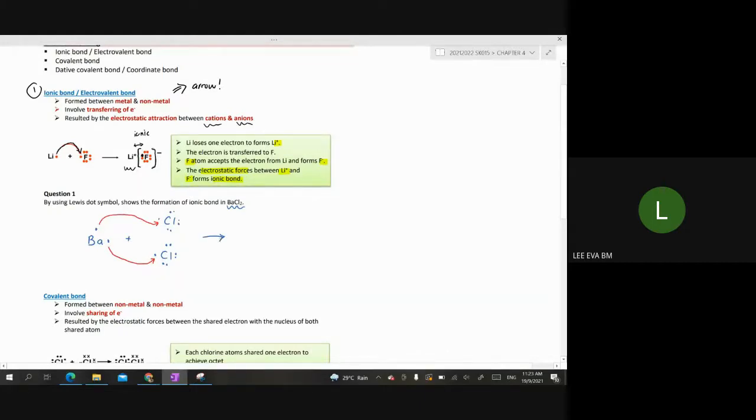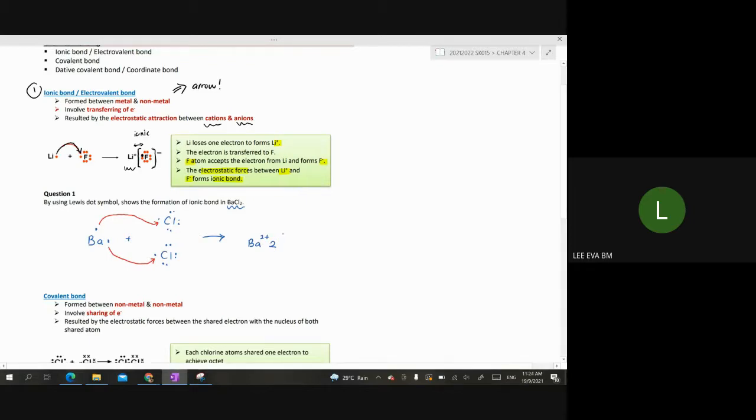It looks like a chemical equation, but you show the formation. Okay, so now barium, after losing 2 electrons, it becoming an Ba2 positive. So now we have 2 Cl minus. Okay, so we need to put the number in front. Okay, there will be 2 chlorine, so 2 will be in front of the bracket.